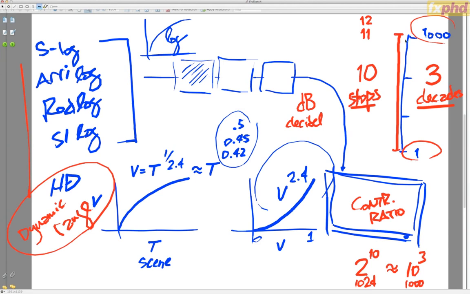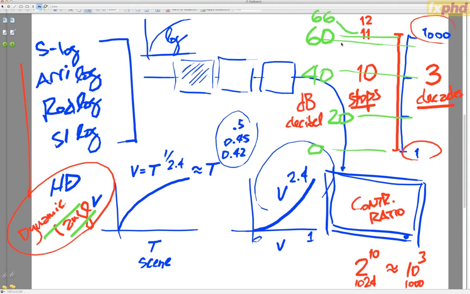So in other words, 1,000 to 1 corresponds to 60 dB. 100 to 1 is 40 dB, 10 to 1 is 20 dB, and we start at 0. So there are some camera vendors who are claiming 66 dB dynamic range, and that would correspond to 11 bits. 60 dB corresponds to 10 bits. So that just gives you a little bit of information on the dB scale.